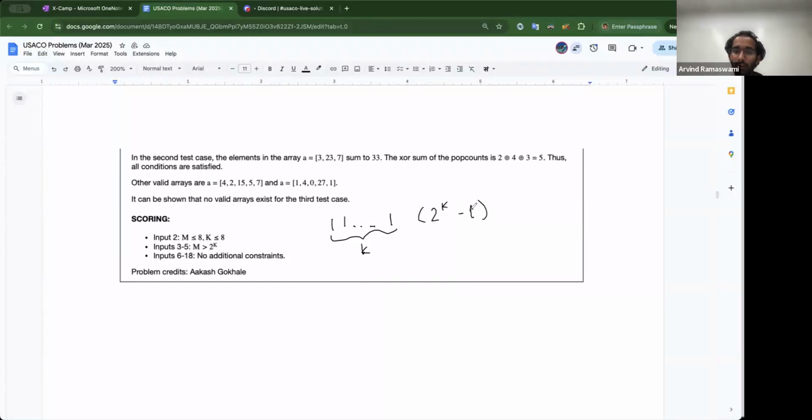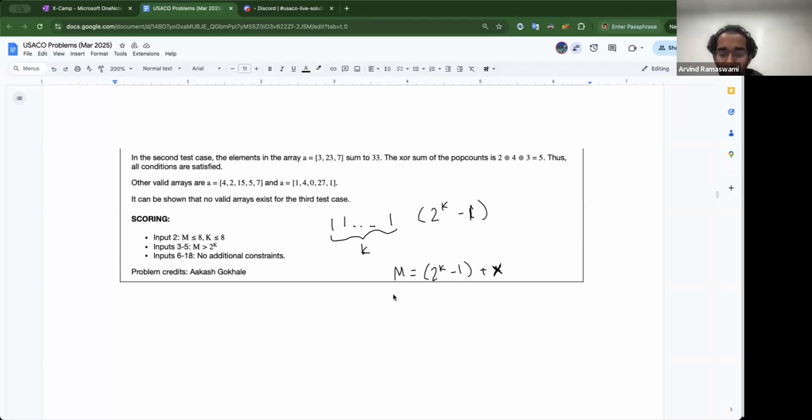And here our guarantee is that m is strictly greater than 2 to the k. So we can consider what m is with respect to this number. m is equal to 2 to the k minus 1 plus x, which is guaranteed by the subtask.